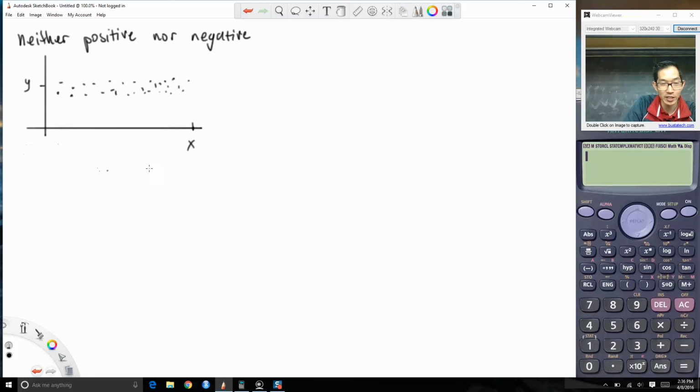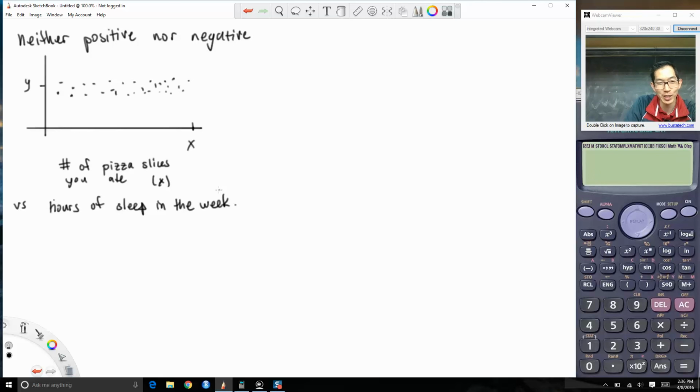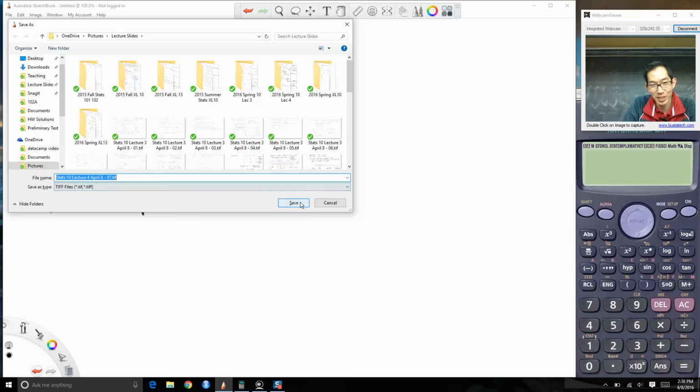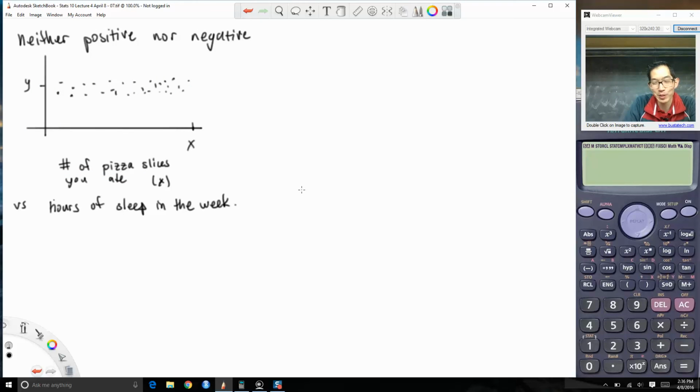This could be, I don't know, number of pizza slices you ate, this will be our X, versus hours of sleep you got in the week. Okay, so you might have certain weeks where you ate lots of pizza, but you probably got about the same number of hours of sleep as the weeks where you didn't eat much pizza.